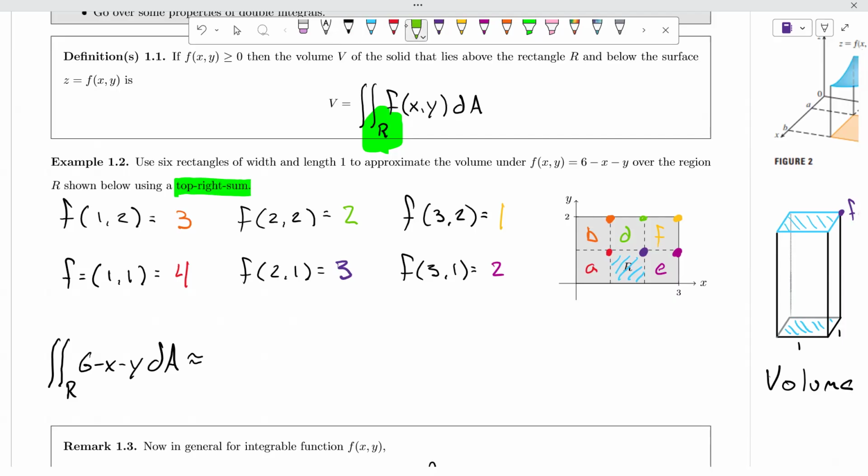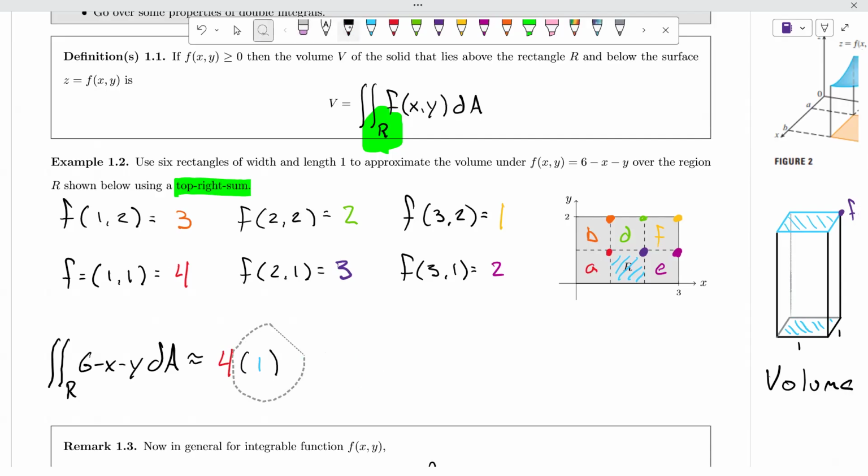Which, for that first one, is going to be 4 times its base area, which is 1. Plus 3 times its base area, which is 1 by 1. Plus, I'm going to keep adding all of those up. Every single one has the same base area because they all have the same rectangle of 1 that they're above, which means I could factor it out.